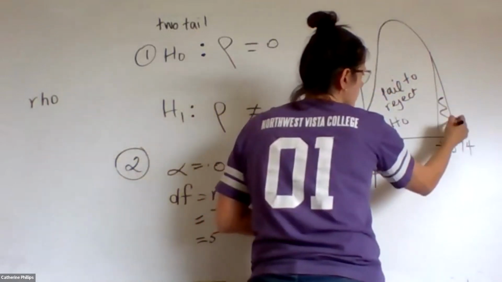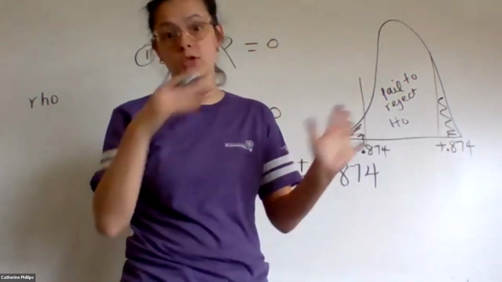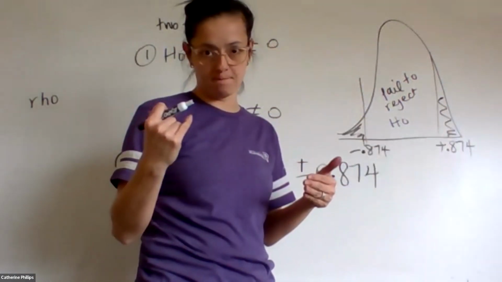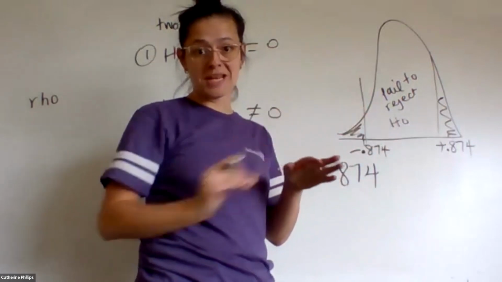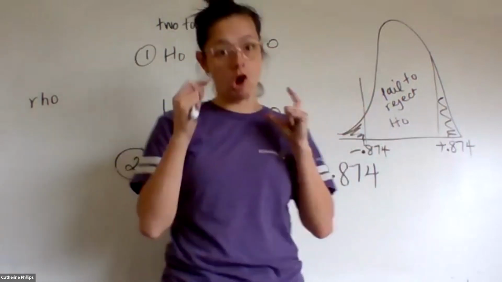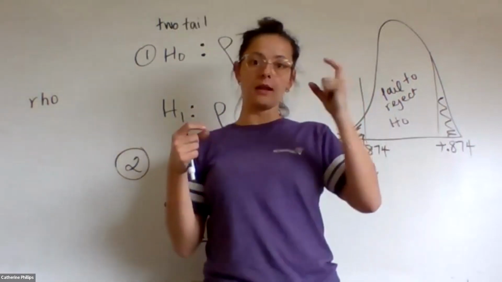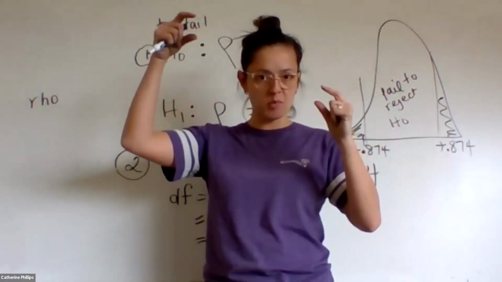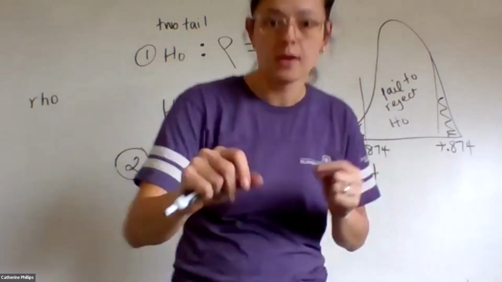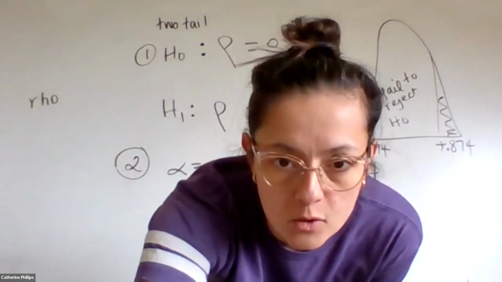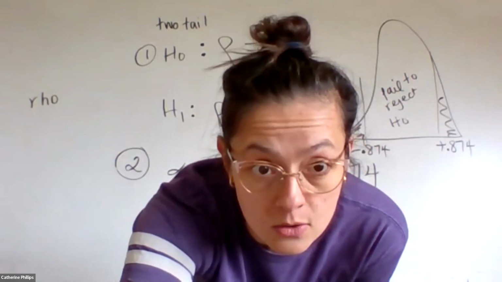Anything that's out in the tails, that's where we're going to reject the null and accept the alternate. Now what we need to do is calculate the test statistic. We need to calculate R. In order to calculate R, we have to calculate the sum of products, sum of squares X, and sum of squares Y. So I'm going to share my screen so that you can see those values.